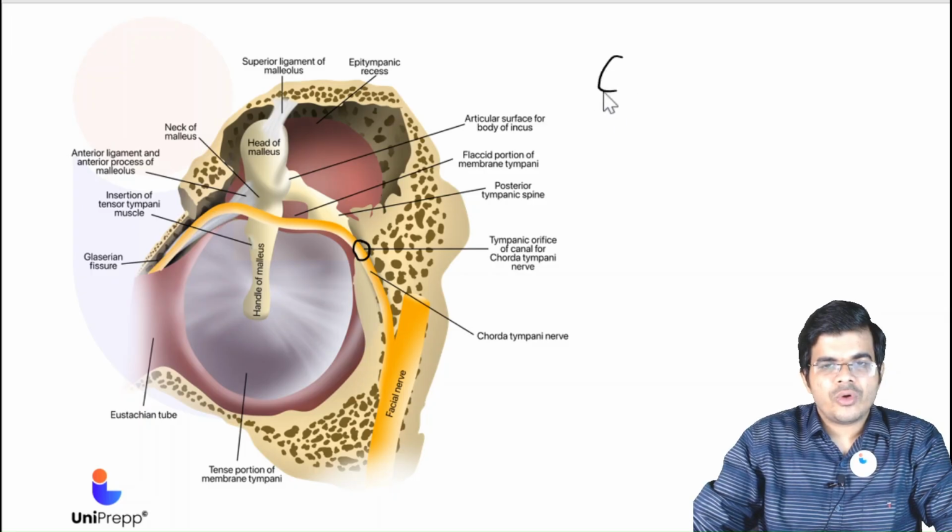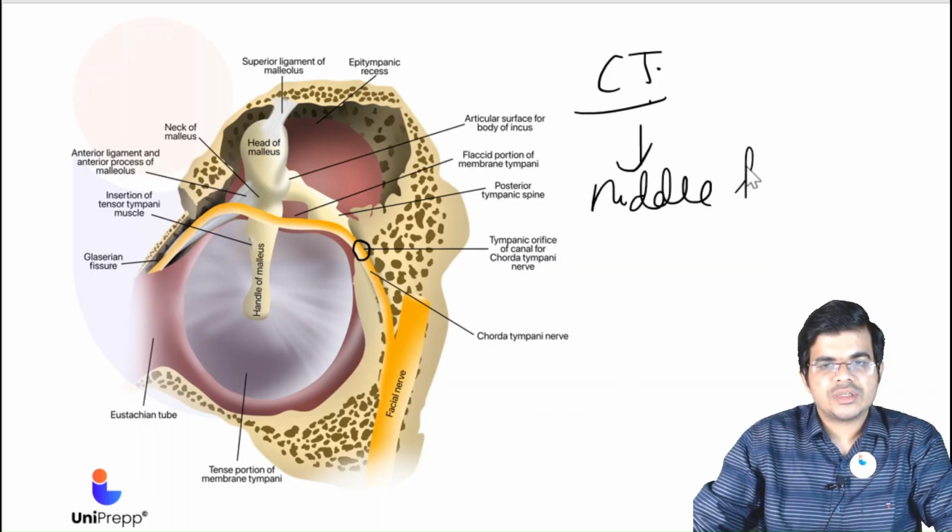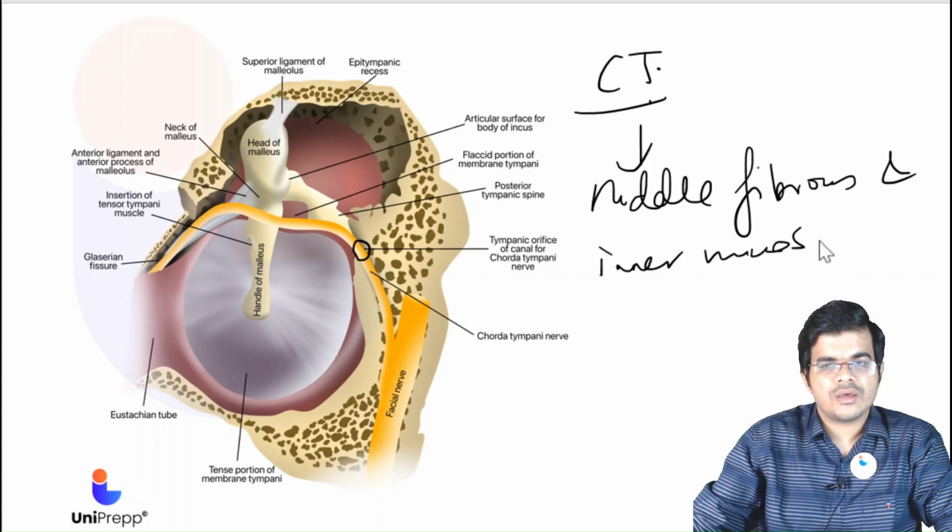The chorda tympani is in fact traversing the whole of the middle ear, and then it comes out at the anterior canaliculus.